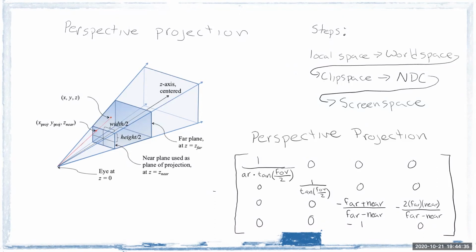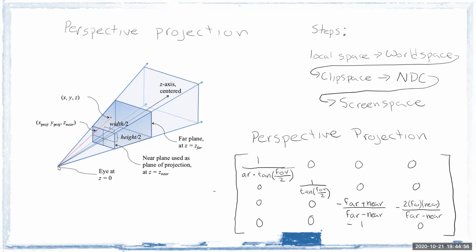Clip space coordinates are usually the same as world space coordinates, except it's all translated by where the camera is. It's also called camera space coordinates.